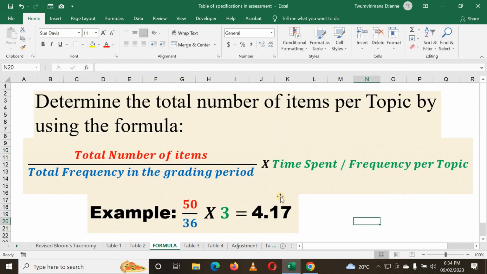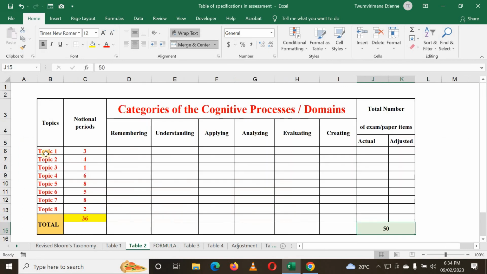Going back to the formula, times time spent or frequency per topic. Time spent is the number of periods assigned to the topic. Here you can see, let's have an example. Take topic 1 with 3 periods. It means we're going to take 50 times 3.